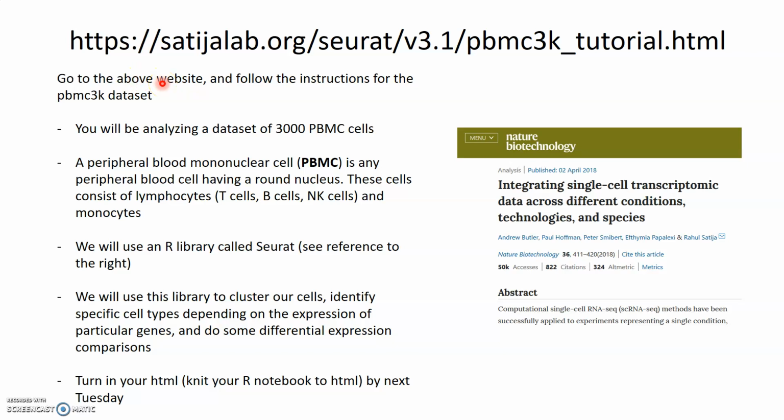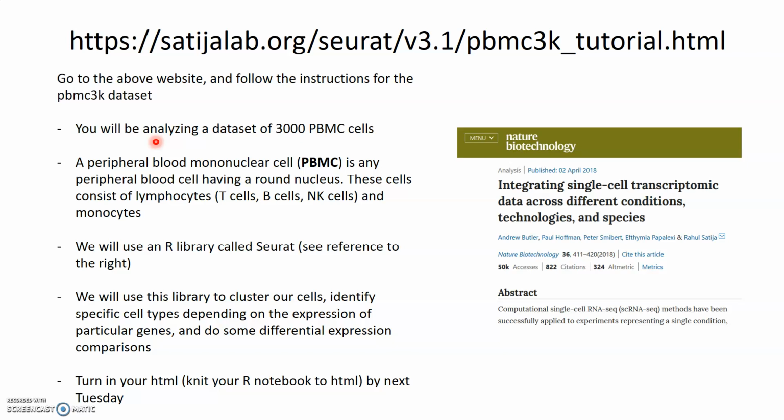Remember that this is all going to be extra credit, so try and get it in pretty early next week, by Tuesday, hopefully, and it'll contribute some points to the overall course grade. What we're going to do is look at a data set containing about 3,000 PBMC cells, which are peripheral blood mononuclear cells.